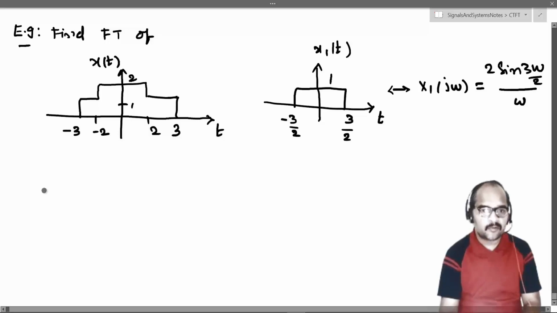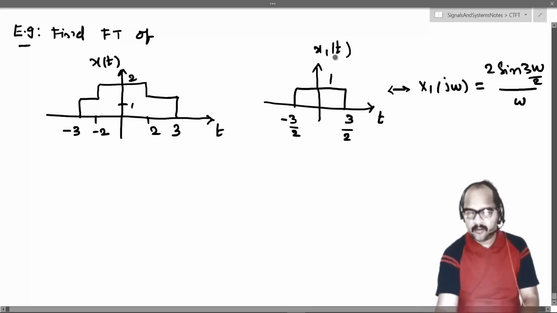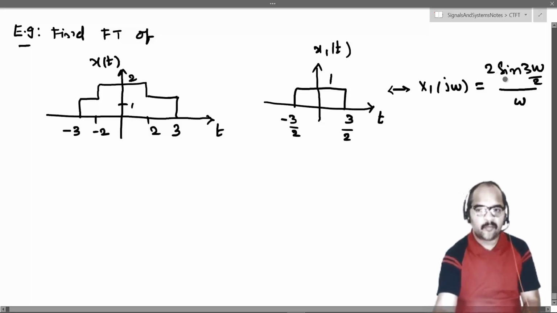So let us assume that we know x1 of t with the Fourier transform 2 sine 3 omega by 2 over omega. Now look at x1 of t and look at x of t. How do you get x of t from x1 of t?